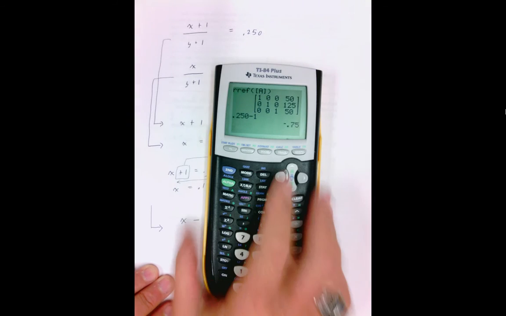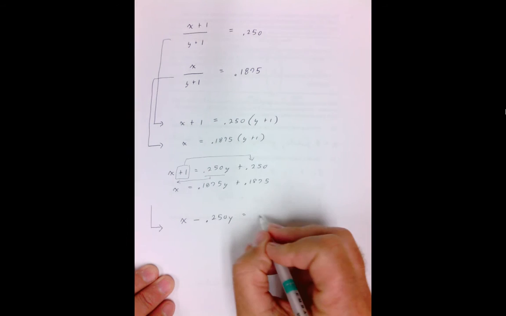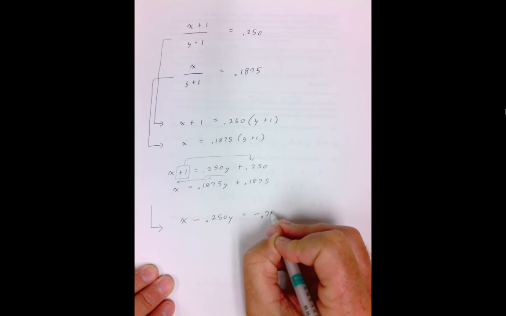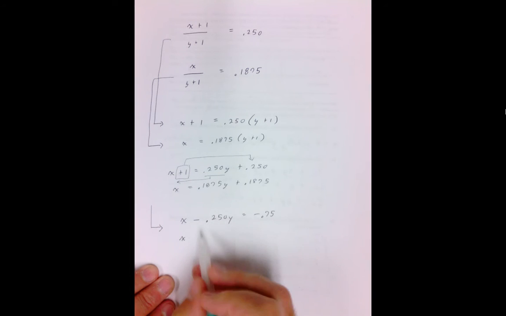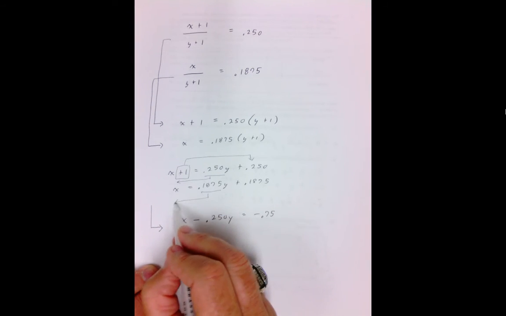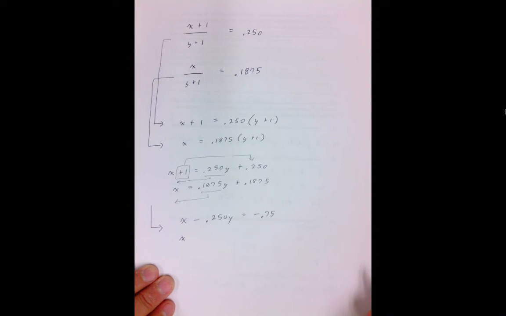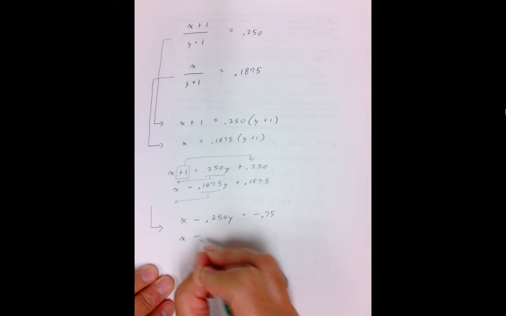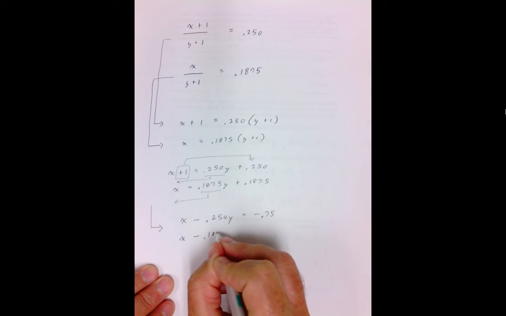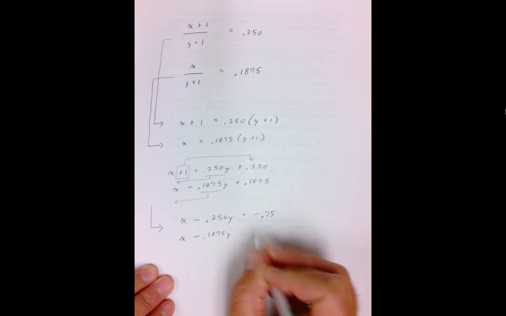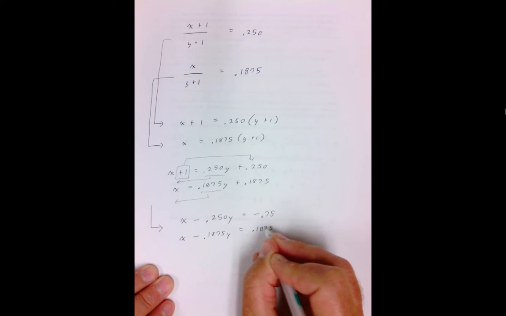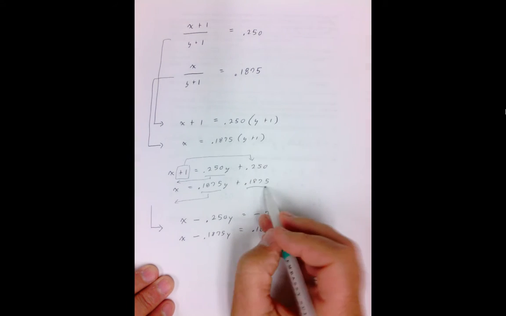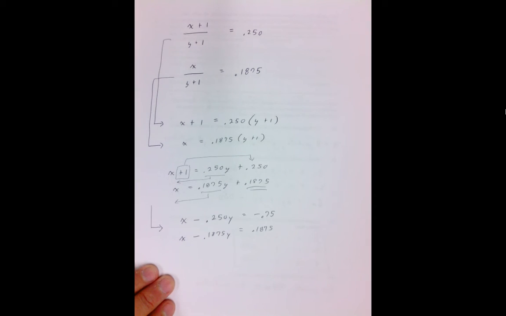Now I can do that in my head. Some of you may be able to as well. I just wanted to show that if you can't do that, just play it safe. Now this 0.1875Y will move across, making it negative. And the 0.1875 stays to the right of the equal sign.